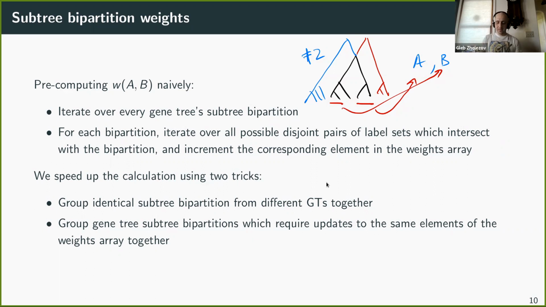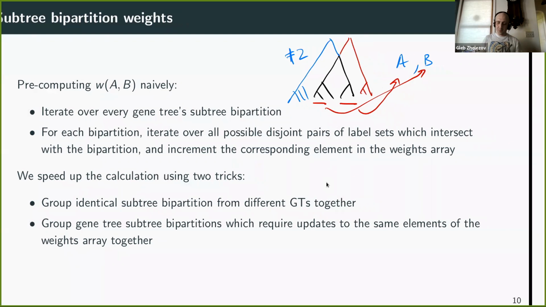The issue with pre-computing these weights arrays is that there is a ton of elements you have to update. Updating things in memory is not instant. You have to access it. The arrays are quite large. You have to access them quite far, and so all of that combined makes things very slow. So we want to get rid of that effect, or minimize it anyway.